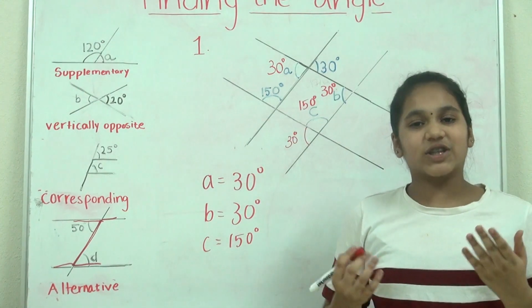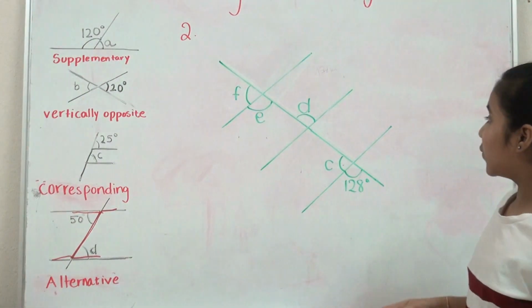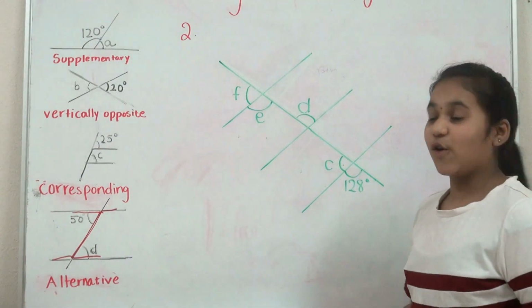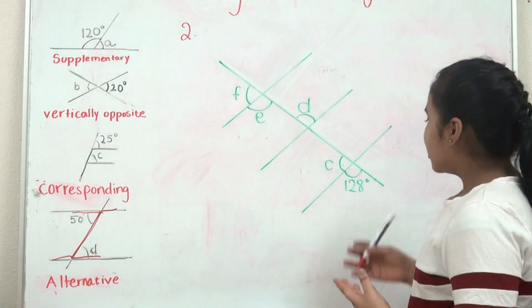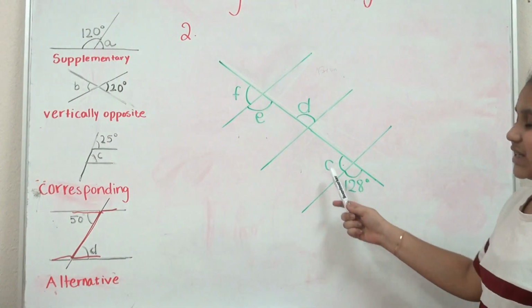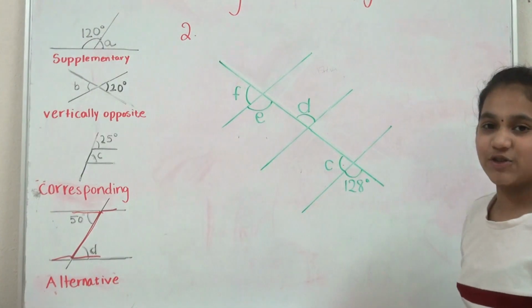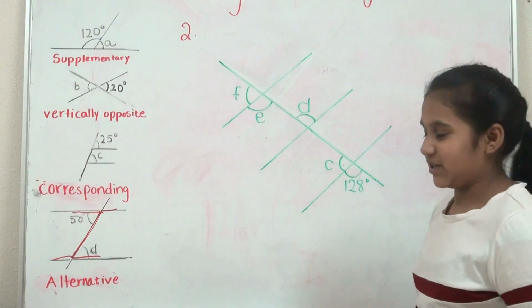Let us move on to the next question. In the second question, we have to find 4 angles, and we have been given only one angle, which is 128 degrees. So first, we will start finding C. As we learned here, in supplementary angles, this line is equal to 180 degrees.